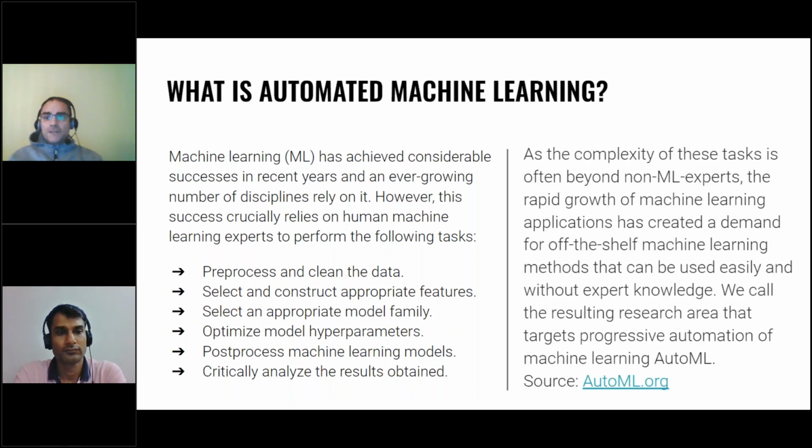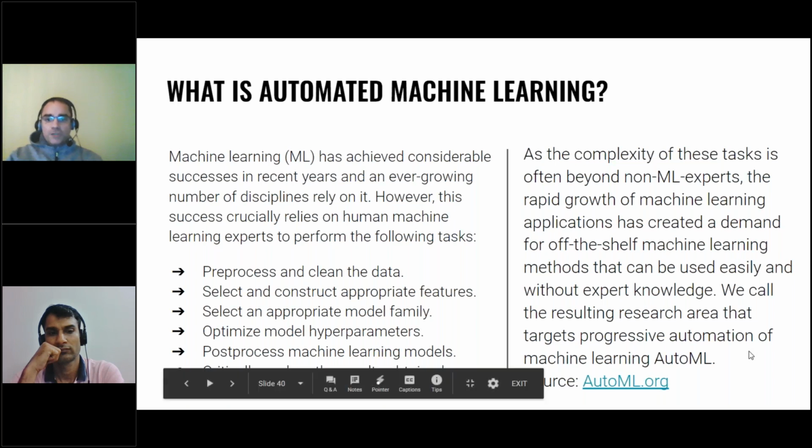And so the complexity of these tasks is often beyond non-machine learning experts. The rapid growth of machine learning applications has created a demand for off-the-shelf machine learning methods that can be used easily and without expert knowledge. And we call the resulting research area that targets progressive automation of machine learning AutoML.